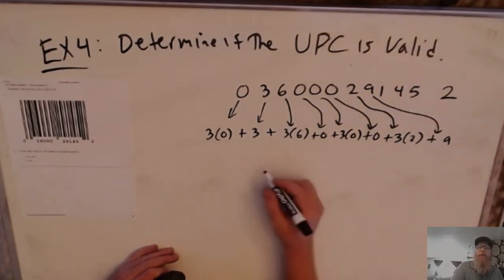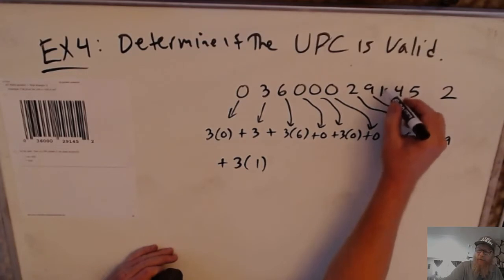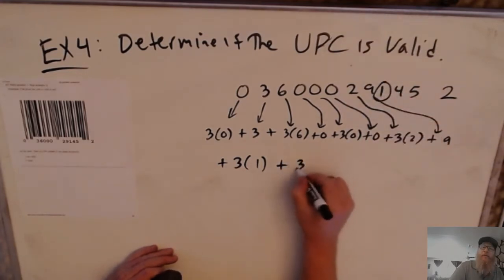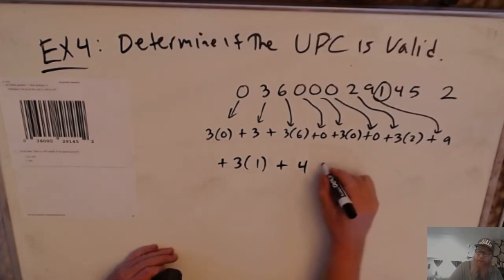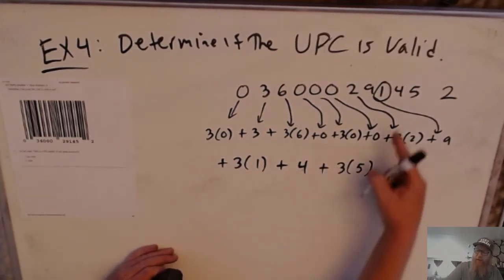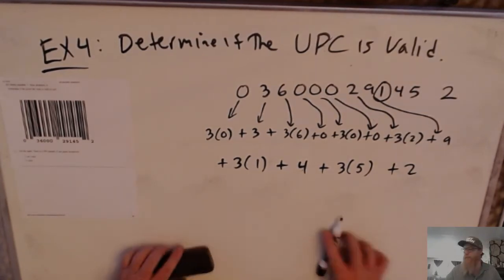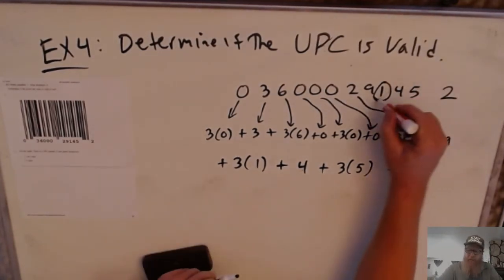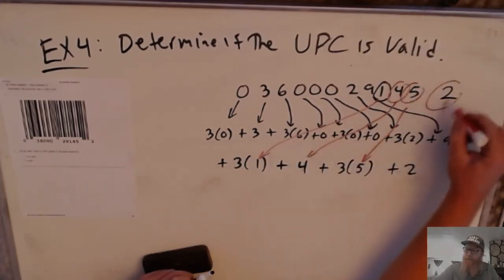Oh man, I'm running out of room. Plus 3 times 1 plus 4. So every other term gets the 3. 3 times 5, and then plus 2. I ran out of room for these last ones, so I put them down here: 3, 4, 5, and 2.